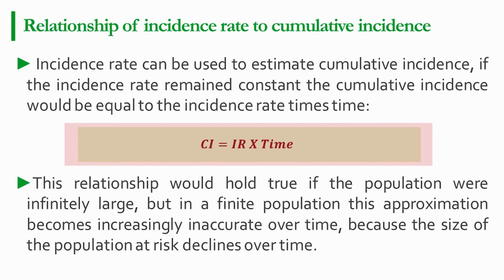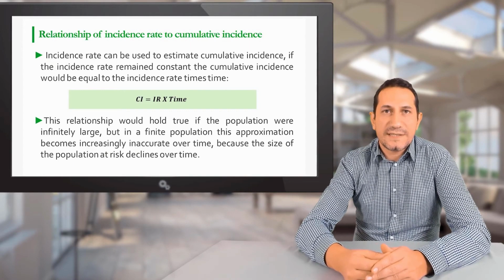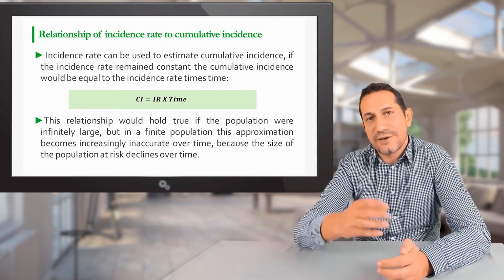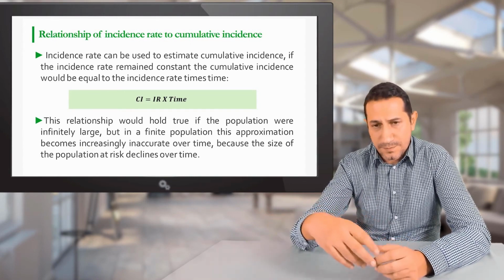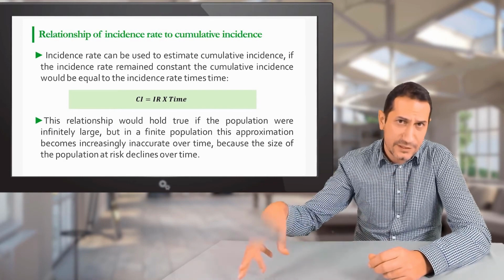This relationship, or this formula, would be true especially in very large populations. But in small populations, the approximation becomes a bit inaccurate over time, because the size of the population at risk decreases over time.